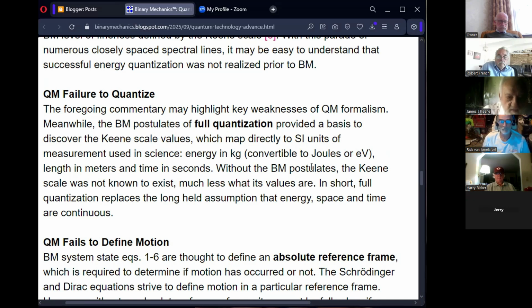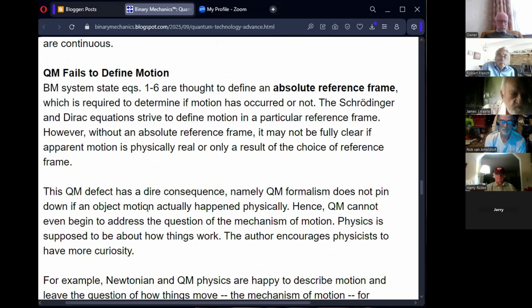Without the BM postulates of full quantization, the Keene scale was not even known to exist, much less what its values are. In short, full quantization replaces the long-held assumption that energy, space, and time are continuous. This goes all the way back to the Greeks. And there are four elements.